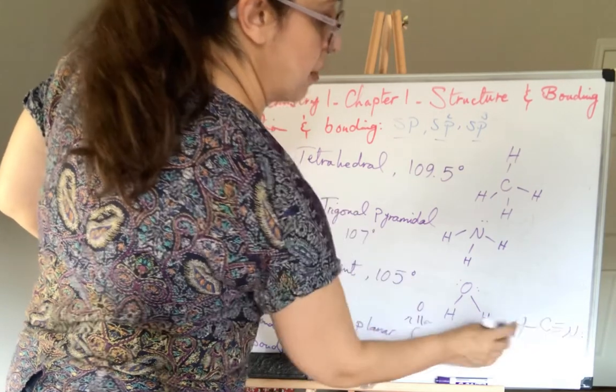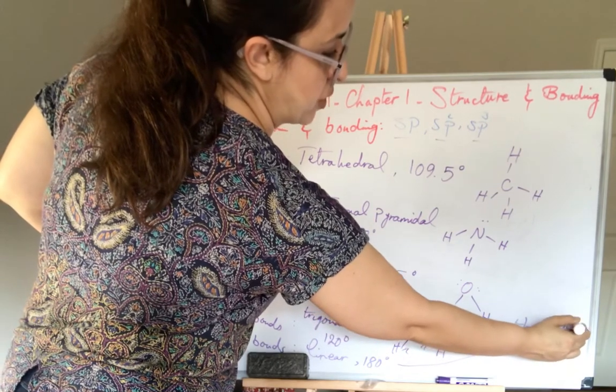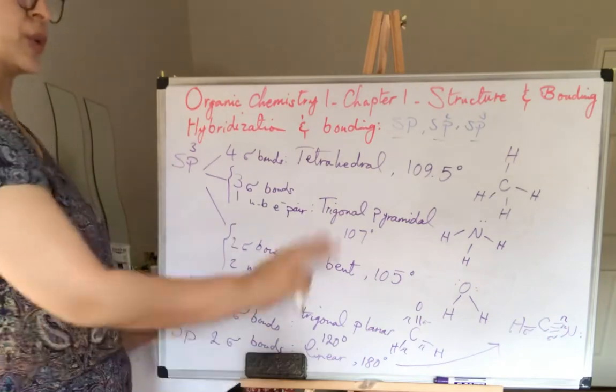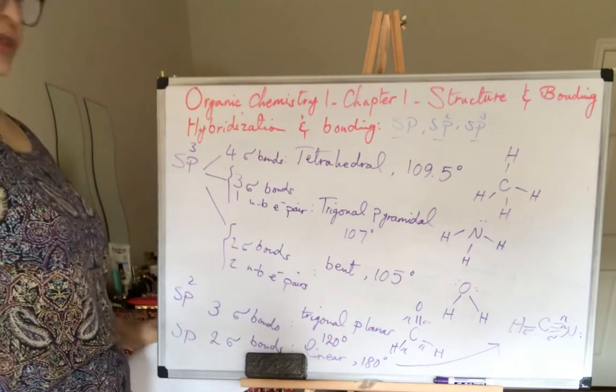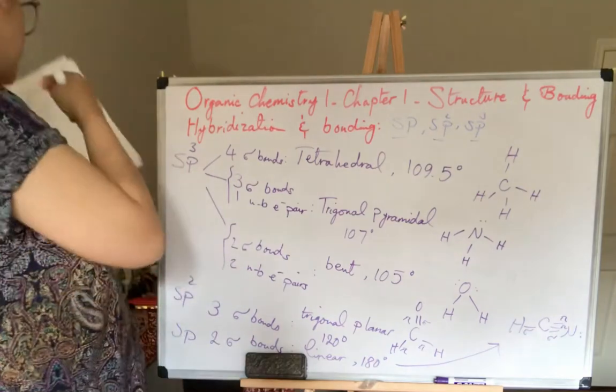So for carbon, we said only sigma bonds. 2 of the triple bond bonds are pi. So 2 sigma bonds, then the hybrid is going to be sp and the molecule has a linear shape.